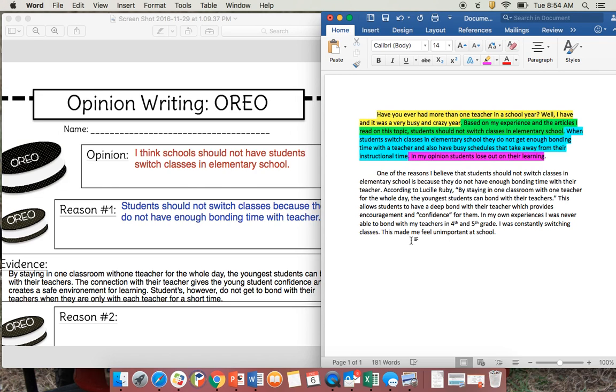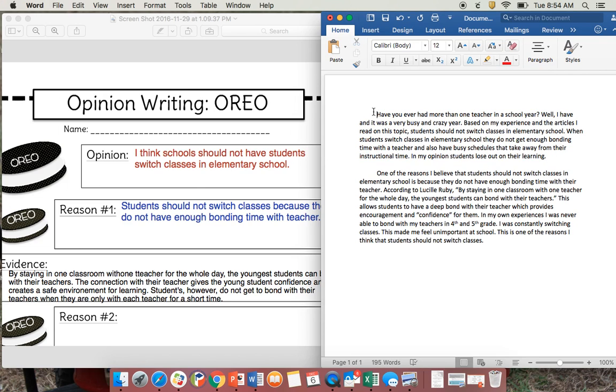And I've summed it up, that this made me feel unimportant at school, that I didn't have a bond with my teacher. And so I'm going to end my paragraph and say this is one of the reasons I believe that students should not switch classes.